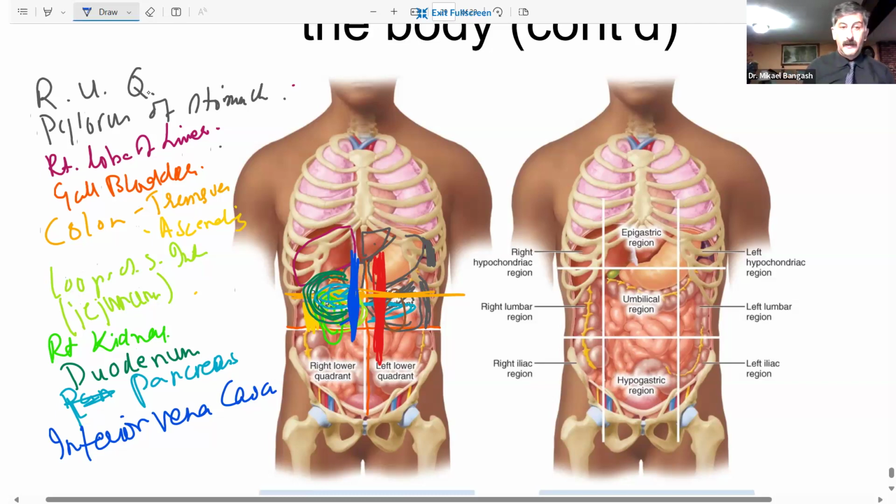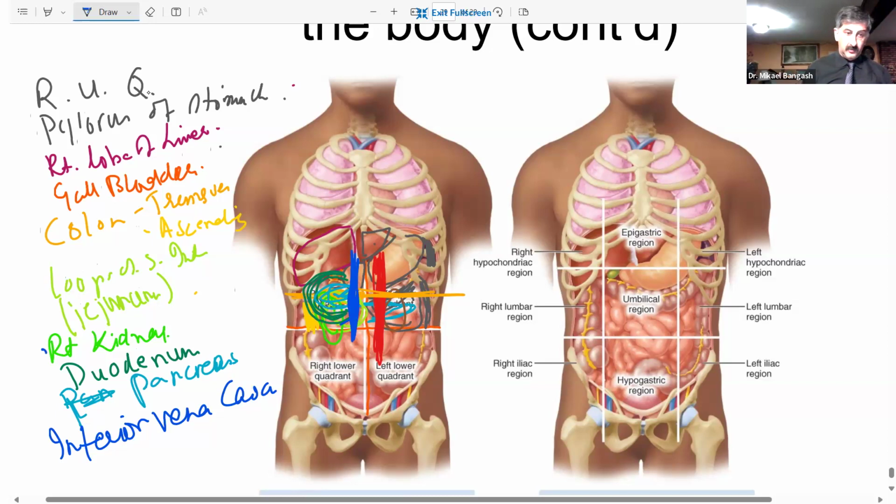Very mainly, what was originally visible on this diagram was just the stomach, the liver, the gallbladder, your transverse colon, the ascending colon, and some of the loops of the small intestine. The right kidney is not visible here.